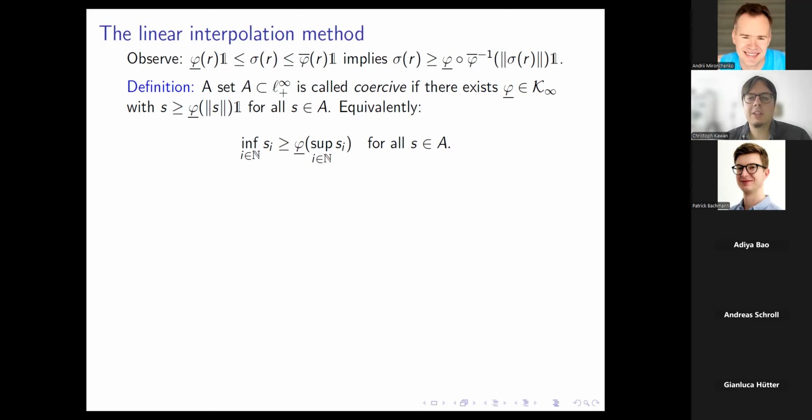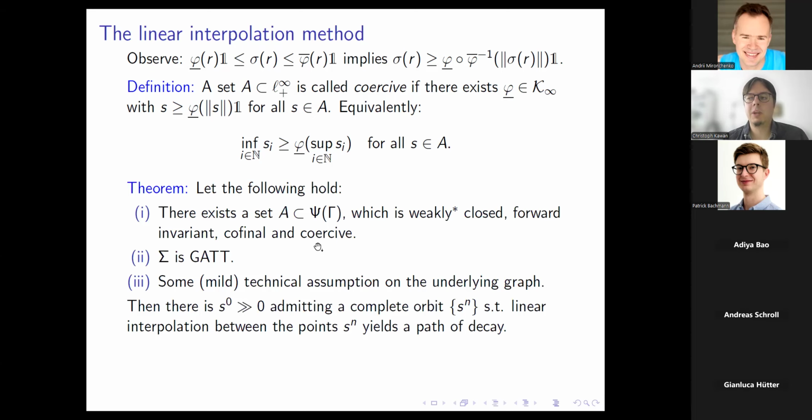Taking the infimum over all components, we're always bounded below by some function of the supremum. That means the points in A cannot really approach the boundary of that cone. The only point where they can approach is 0. So that's what the definition actually means.